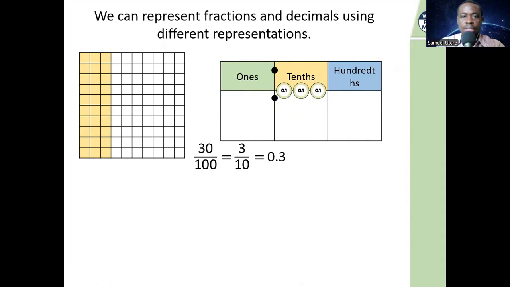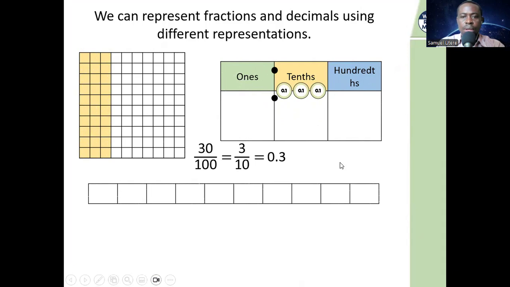So if we represent this, we'll have 3/10 counters in the tens column. And if we represent them as a bar model, we'll shade 3 out of 10 bars.